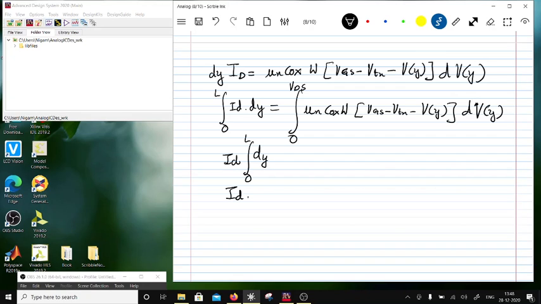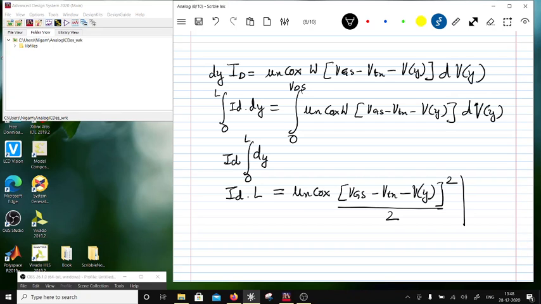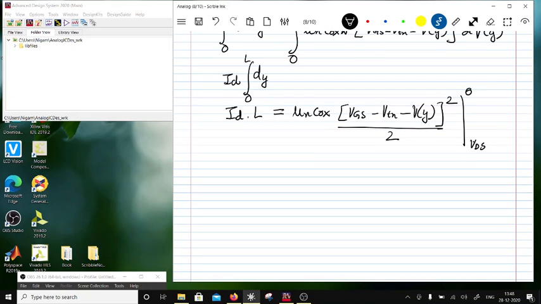So this simply will be Id times L would be equal to, since mu n Cox is constant, the integral from 0 to VDS, which will be (VGS minus VTn minus Vy) squared divided by 2, and there will be a minus sign, so I will be inverting the limits. Okay, so this is what I'm going to get.